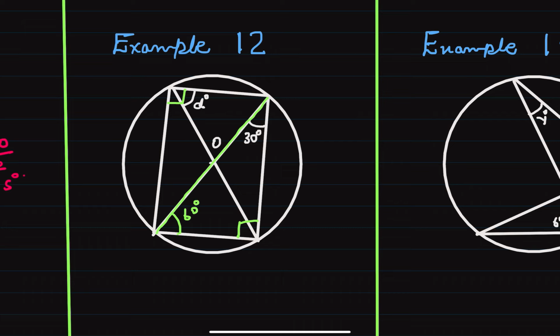And if this angle is 60 and they are subtended by the same arc, opposite to this is this arc, and opposite to this D is also the very same arc. So this D should equal 60 degrees, right? We don't need to make any more effort on this, right? So this is an easier example.